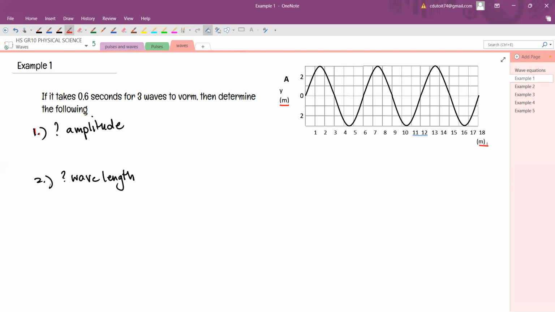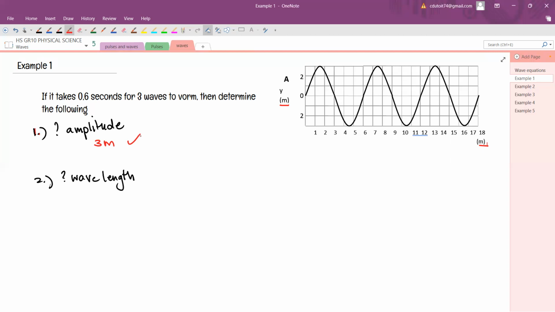Okay, it's not difficult. Answer, anyone? Wave amplitude: 3 what? Meters. 3 meters. Correct. Wavelength, please.